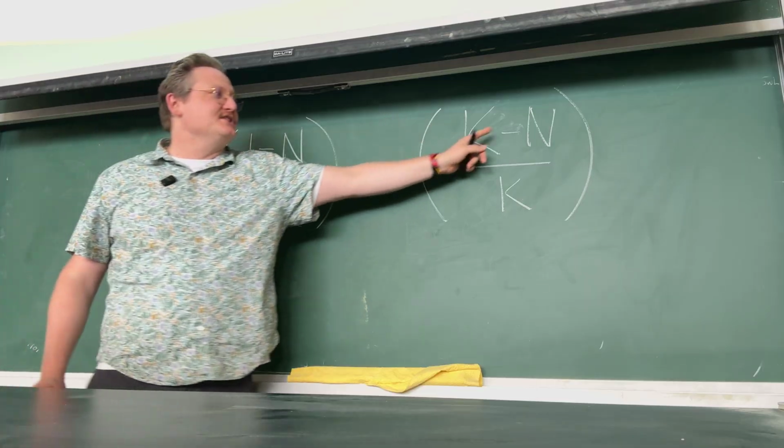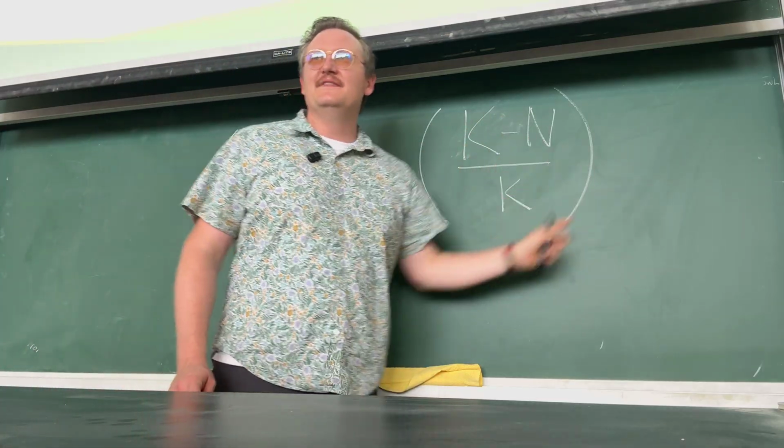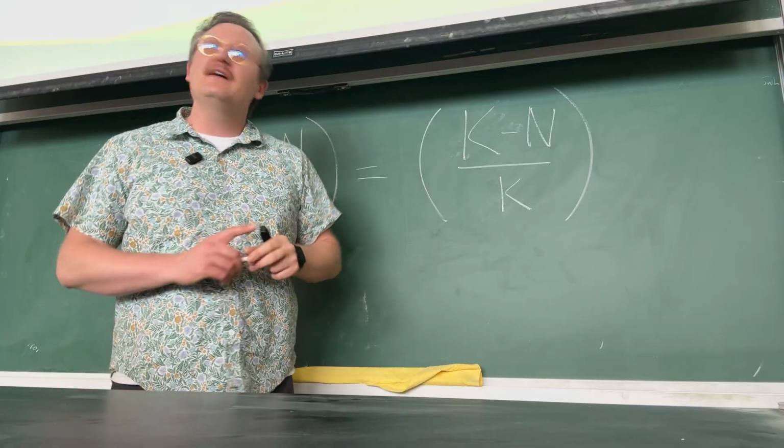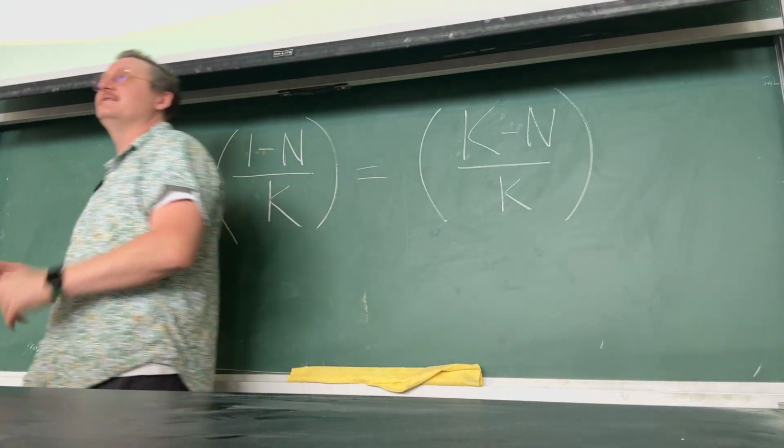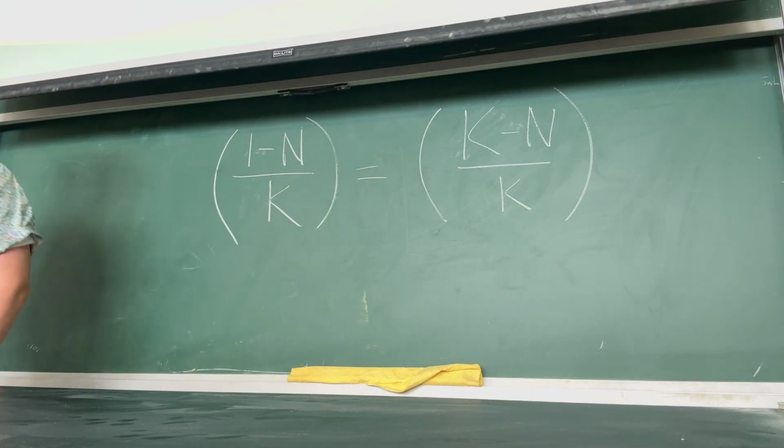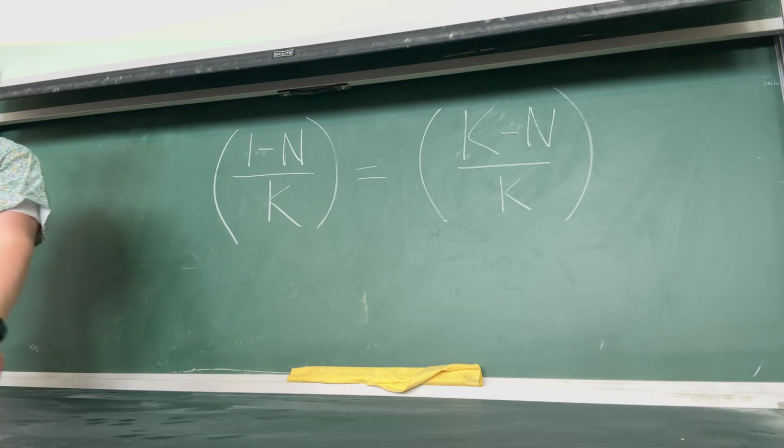And if the population exceeds the carrying capacity, this whole term can become a negative value, which means that your prediction for the change in population size is also going to become negative. I prefer this form because it's more informative.